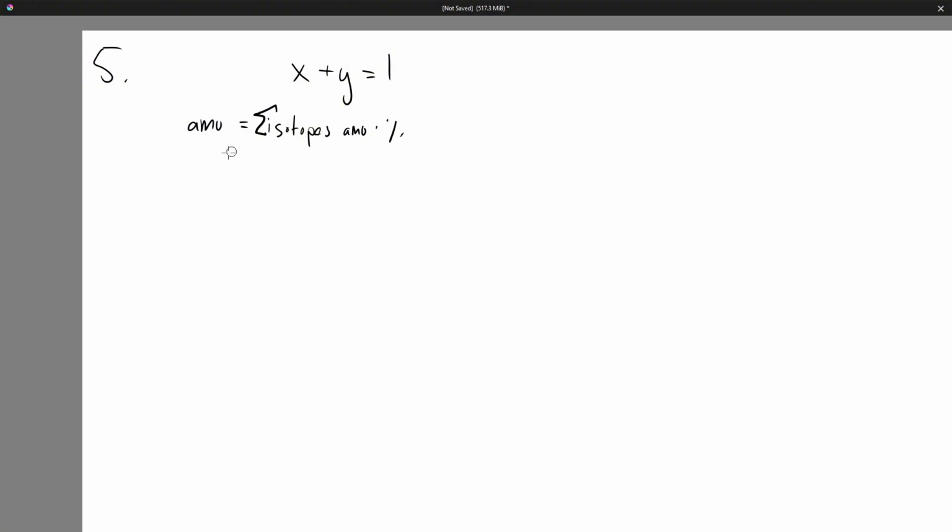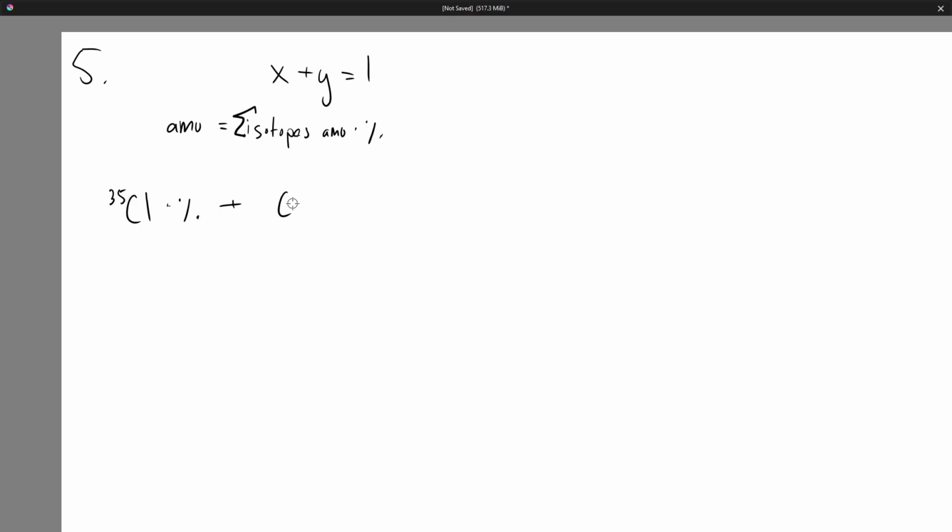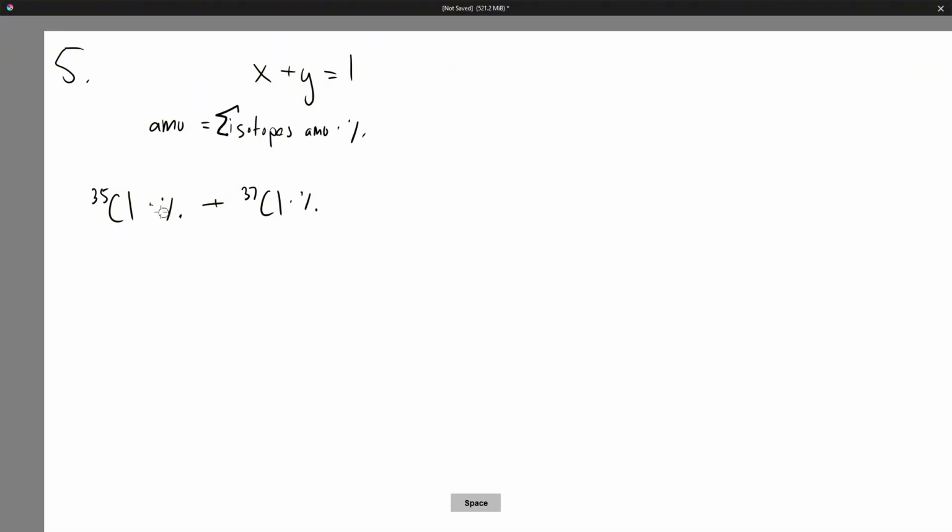For two isotopes, this expands out into the mass of Cl35 times its percent abundance plus the mass of Cl37 times its percent abundance.